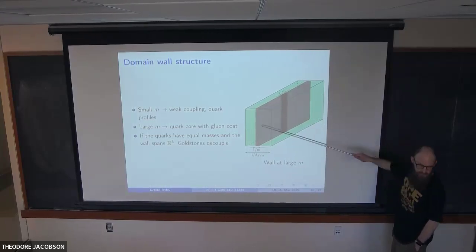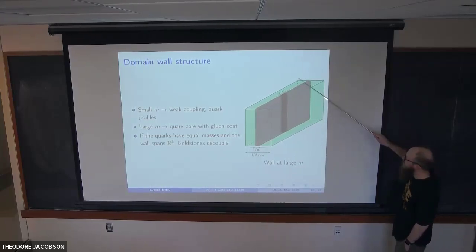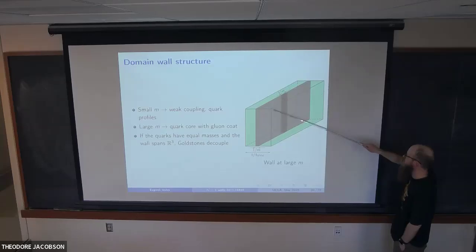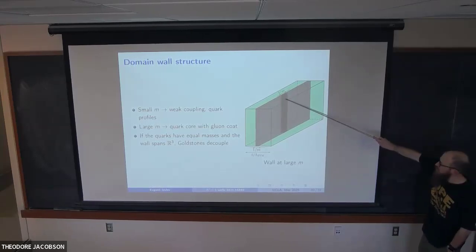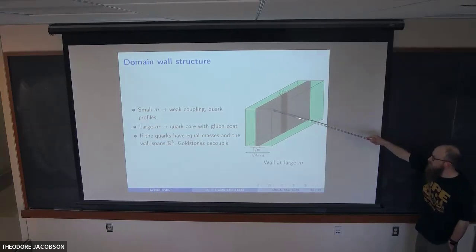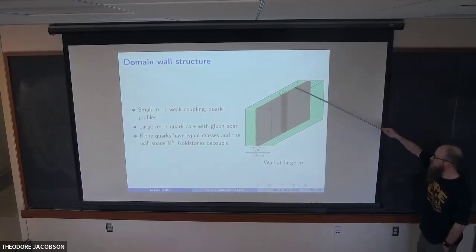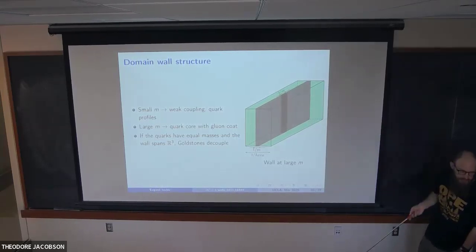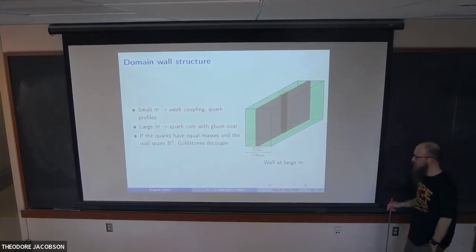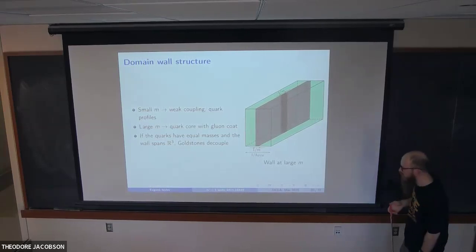If you have a junction of two different walls, then roughly speaking the gluons are the same for both walls, so you cannot locally distinguish them by just looking at gluons. The junction is hidden inside, and to probe it and distinguish the types of domain wall, you need to resolve distances of 1 over m, so go to energies of order m, but in principle you can do it.